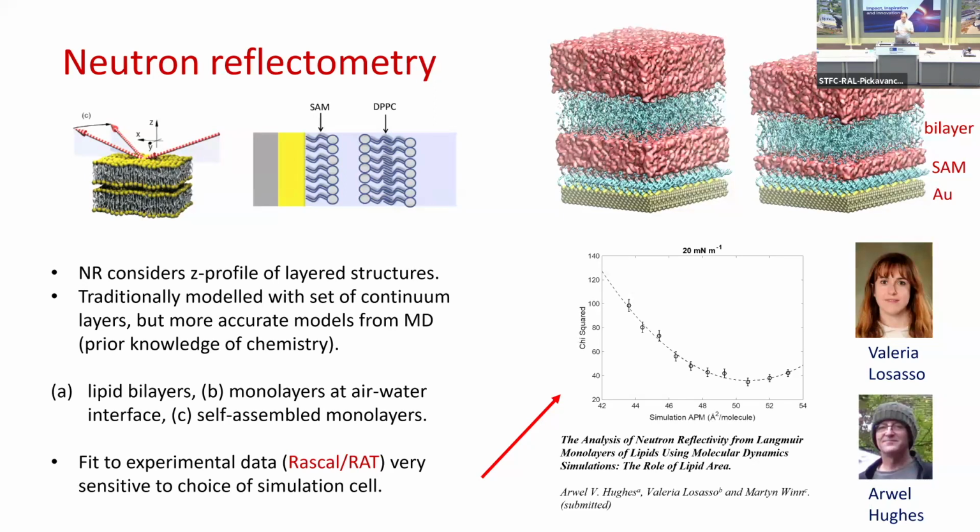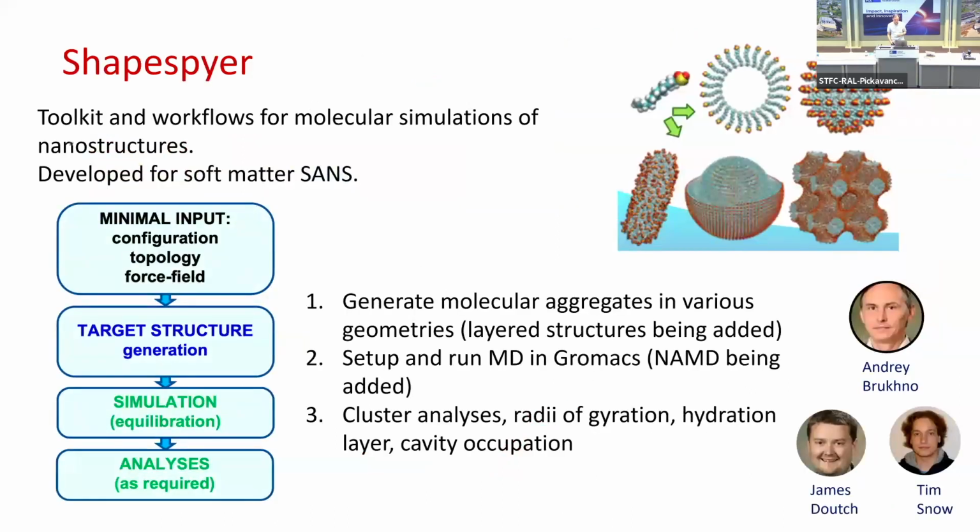And you can use the fit to the data to tell you what your best area per lipid is, and hence what your best model is. So this is a good case where we're not just doing the molecular dynamics in isolation, but we're looking very carefully at the fit to the data, and we're using the experimental data to feed back to the simulation.